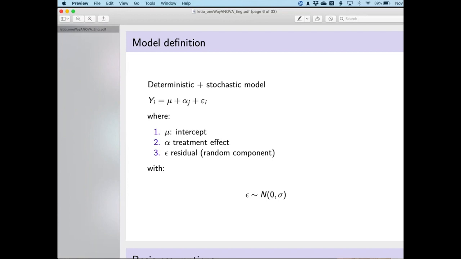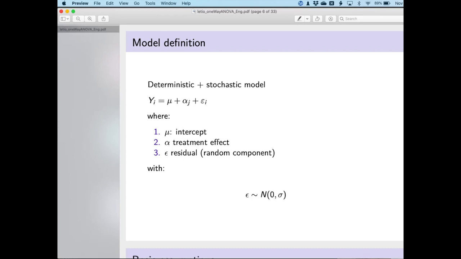Perhaps you start familiarizing with it. We said that the observations, y, are expressed as functions of 3 components. The first one is a common component, that is the overall mean, which we call mu. It's a sort of baseline level for all the observations.